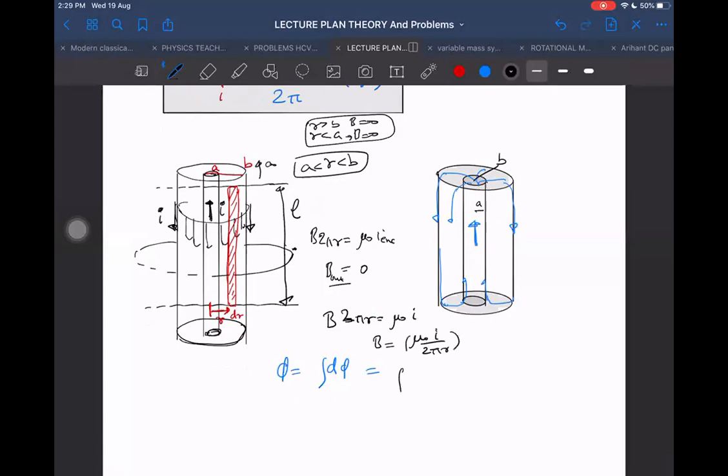So what is the flux? Multiply by area. Which area? The area of the red element which I have taken here. What is the area of that? dr width and L length. Take the constants out: mu naught out, I out, 2 pi outside, L outside, left with dr by r. Integration varies from a to b. So are we getting the flux now?